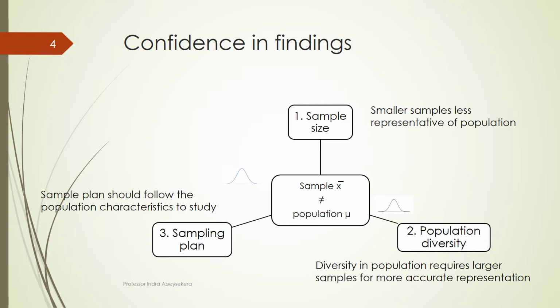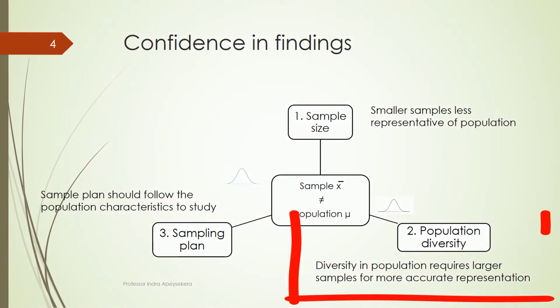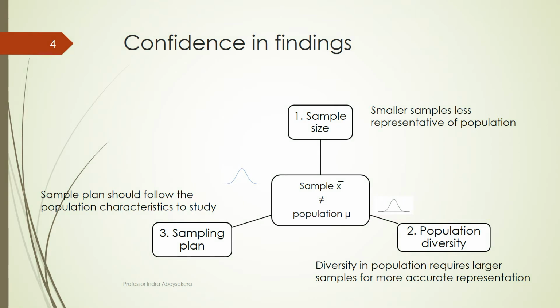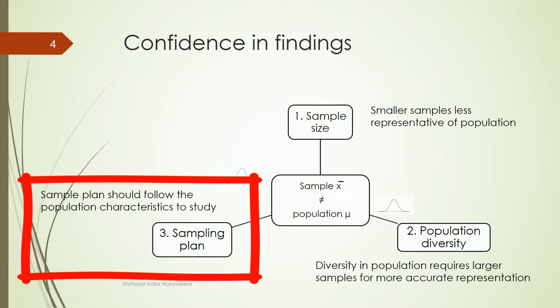When the population is diverse, taking a sample from a diverse population compared to a homogeneous population makes the sample mean erroneous because it may not represent the required diversity. Thirdly, the sampling plan.